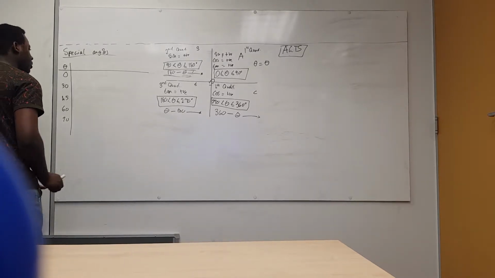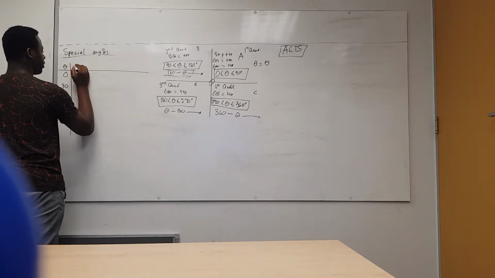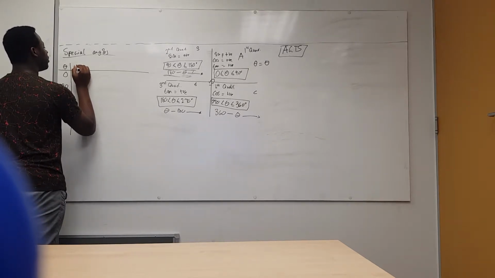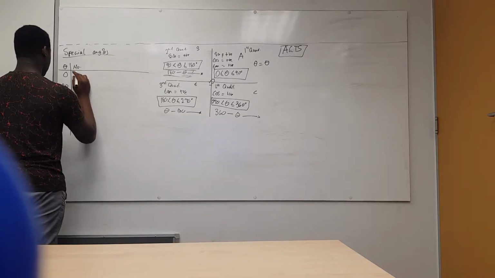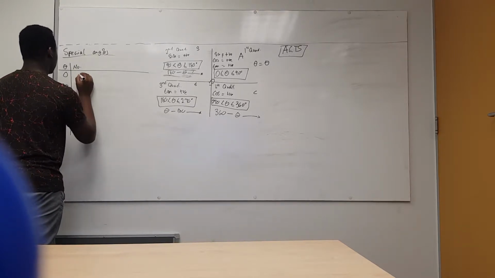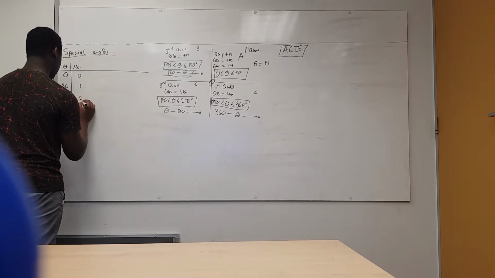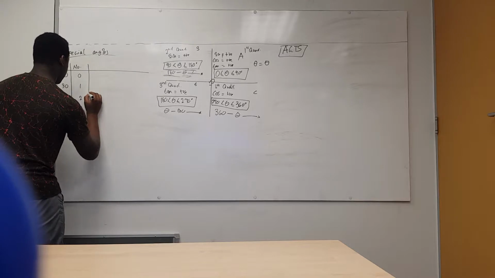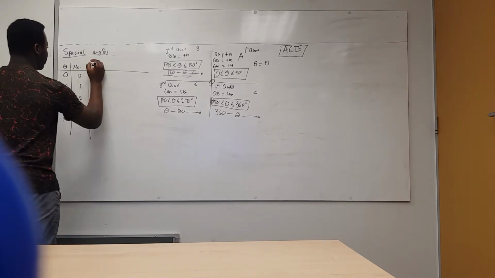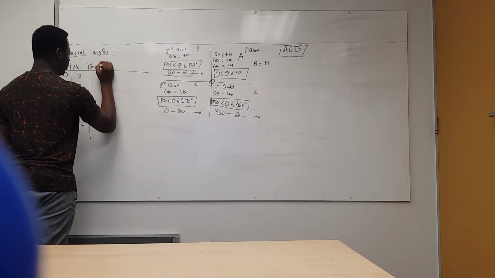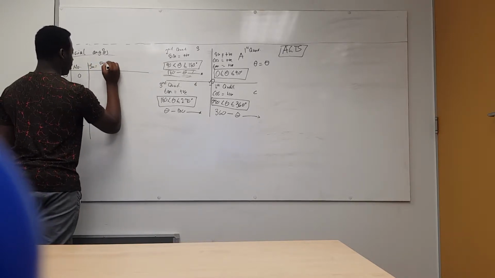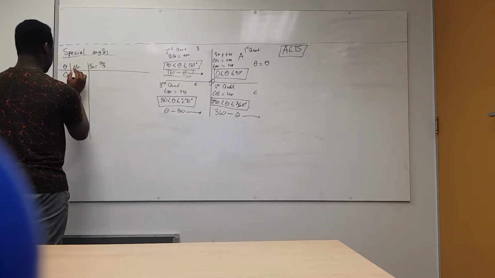We're going to associate numbers with them: 0, 1, 2, 3, 4. So let's define sine to be root n divided by 2, where n is the number.